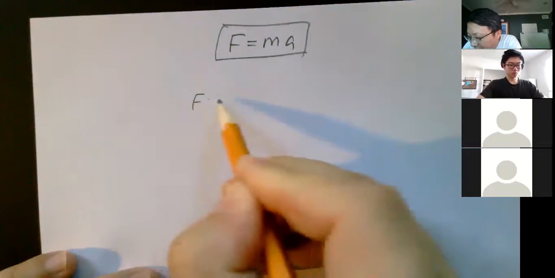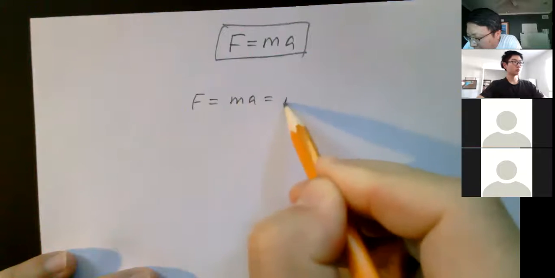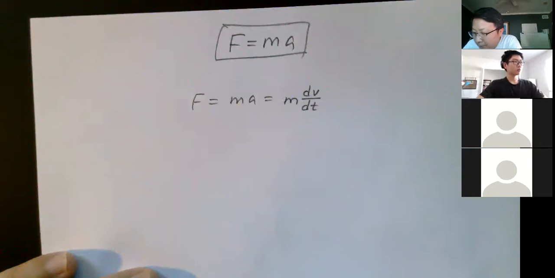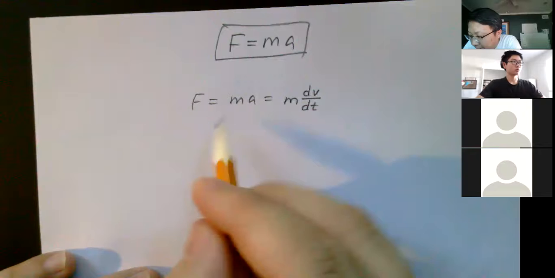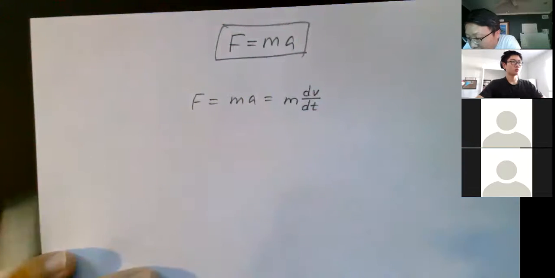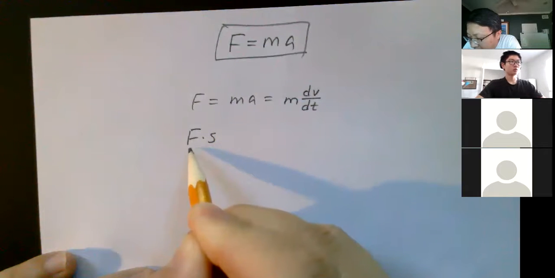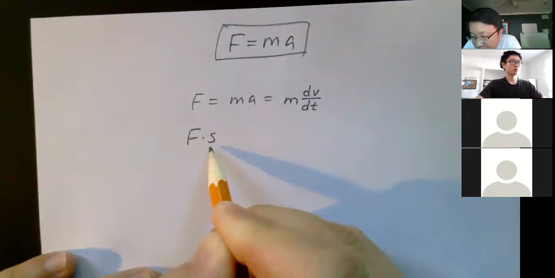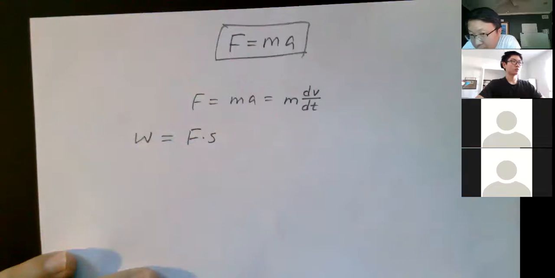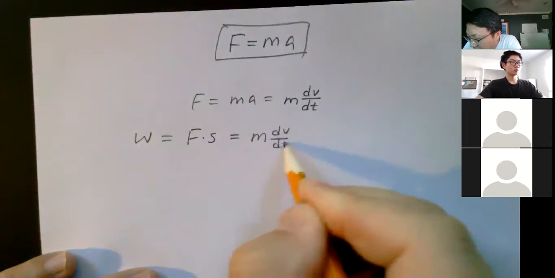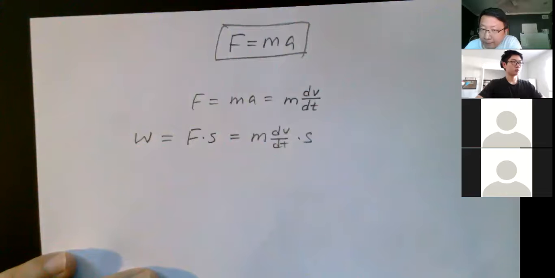Why? F equals ma. Ma is m dv/dt, correct? Okay. And just like Leo said, if we multiply both sides by s, meaning force times distance, the work equals m dv/dt times s, right?